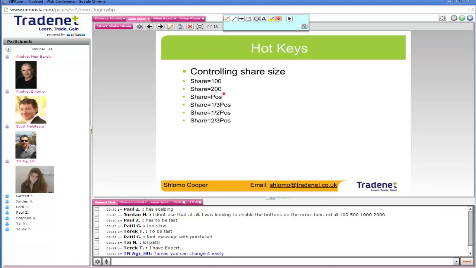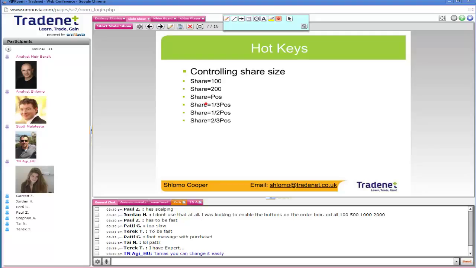But you can also say that share equals POS, position. That means the Colmex platform is going to return to the stock box the amount of shares you have right now in a running position. This is really good when you want, for example, to liquidate everything.